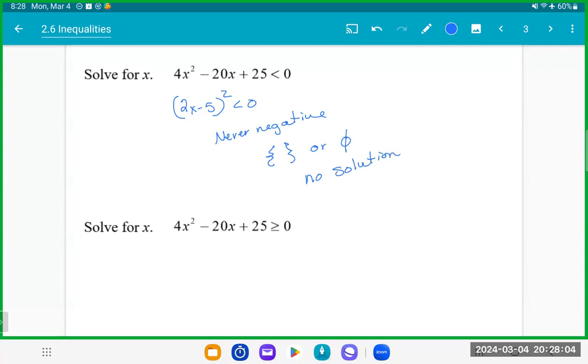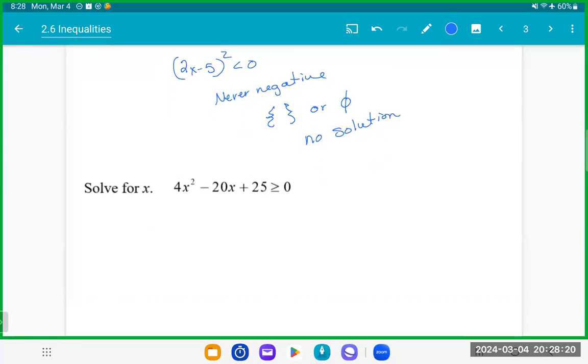Okay. And so basically what that's saying is there's never a point where all of that stuff on the left-hand side is less than 0. Okay. And then if we had greater than, right? So again, that's the 2x minus 5 squared. Where's that greater than or equal to 0?